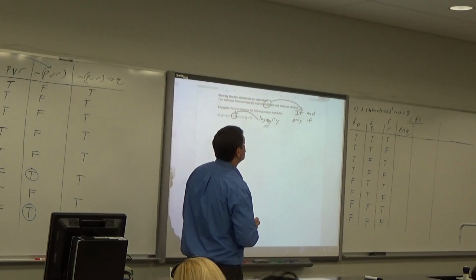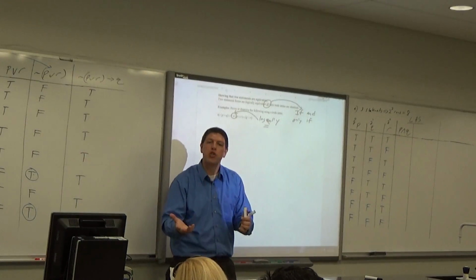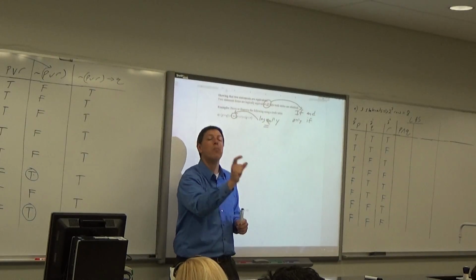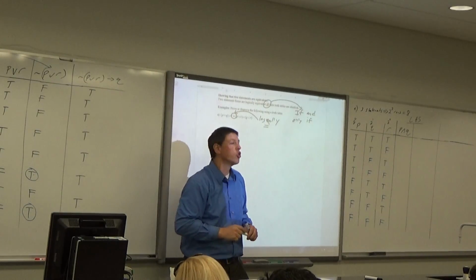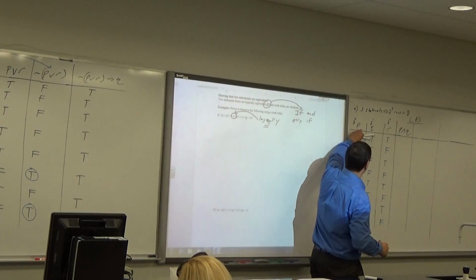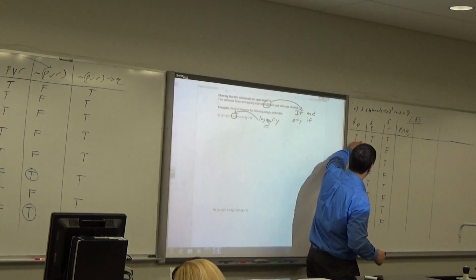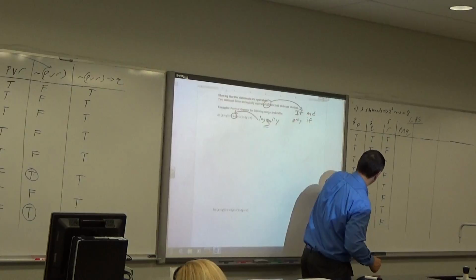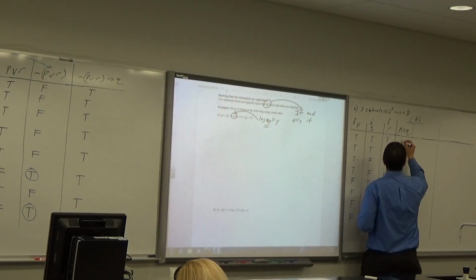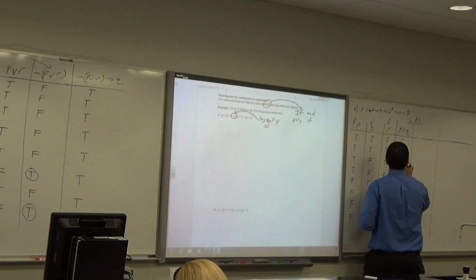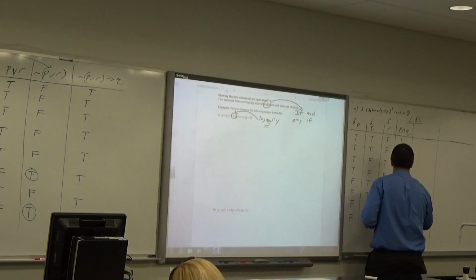Okay? Didn't we already say that for that to be true, both P and Q must simultaneously be true? So just like before, isn't it true that only rows number 1 and 2 are true, and then the rest of them are false? So this is going to be true, true, and then a bunch of falses.